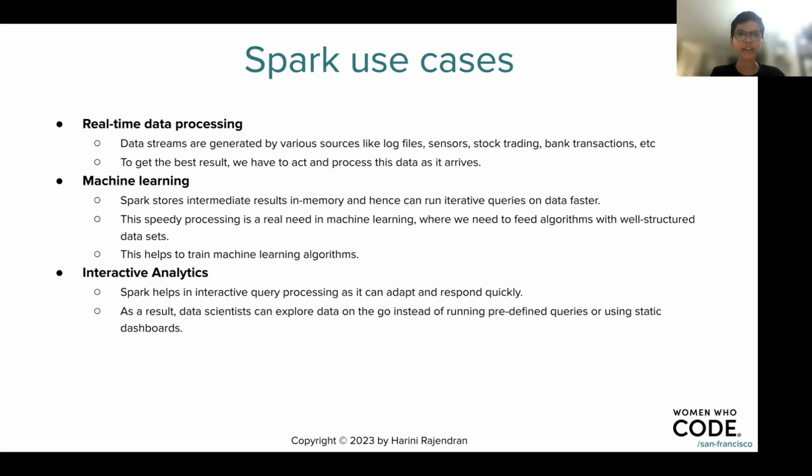Or stock trading, you usually have to respond, again, within a few hundred milliseconds, because money is on the line, and if you miss that window of opportunity, then the stock price could go up and you could lose money, etc. So it's very important to act and process the data as and when it arrives. So Spark, being a real-time data processing framework, is great for these kinds of analysis.